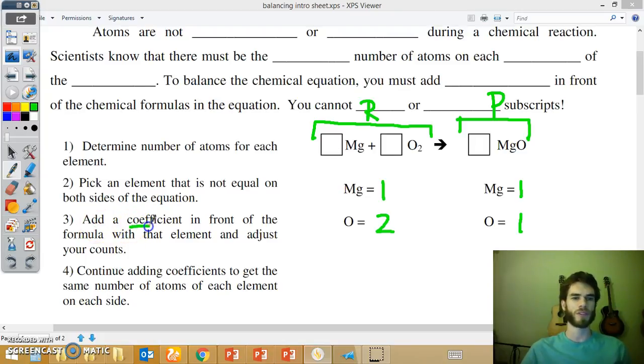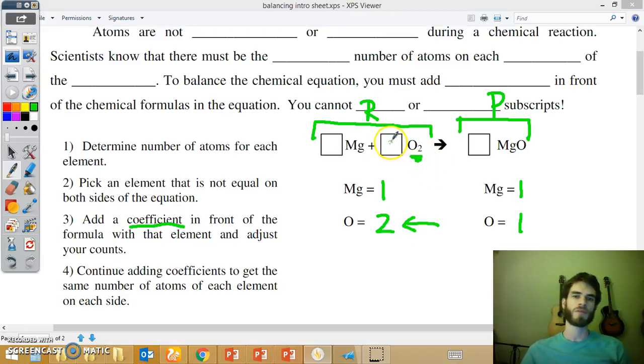So what did it say to do here? Add a coefficient. Remember, that's those large numbers in front of the formula with that element. So where is the one that we're interested in? You have 2 oxygens already from the little number 2, and we can't really change that.